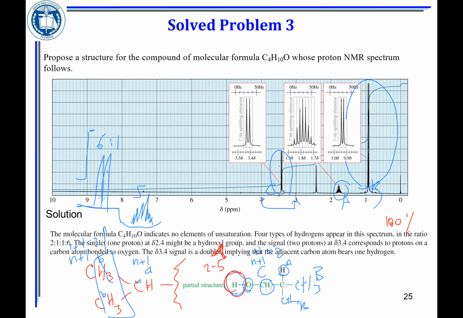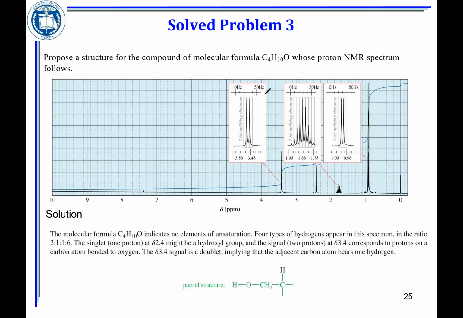So one more time, the type of information that you expect to get from NMR is the number of peaks. The number of peaks shows how many different types of hydrogens you have. So if you have 1, 2, 3, 4 signals, and we don't count the 0 because that belongs to TMS, we know that we have 4 different types of hydrogen.